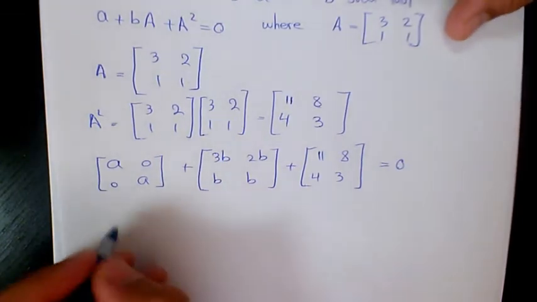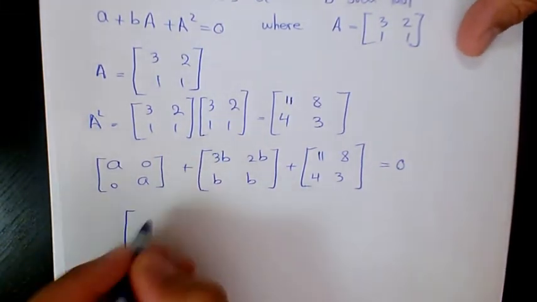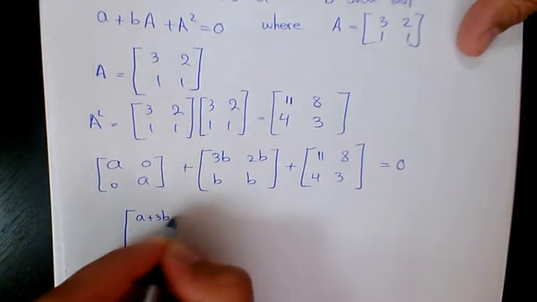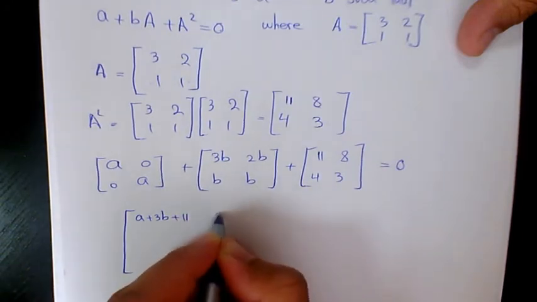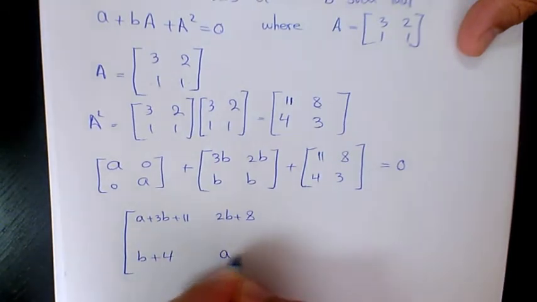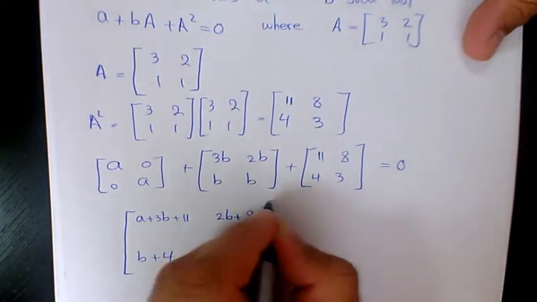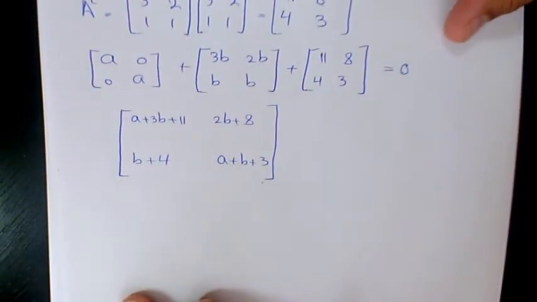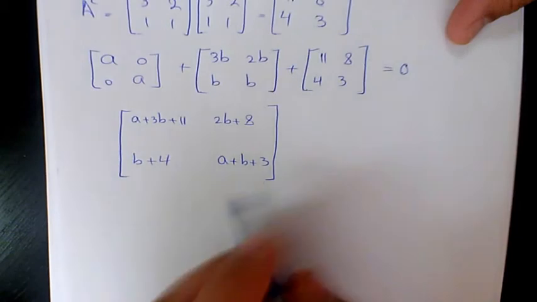Then when you add them, a plus 3b plus 11, here you have 2b plus 8, here you have b plus 4, and here you have a plus b plus 3. And that's supposed to be equal to 0.